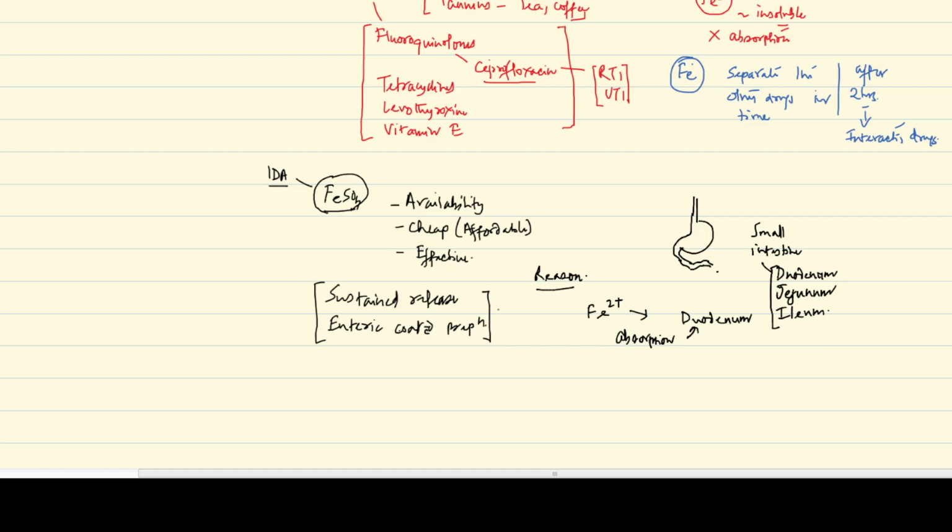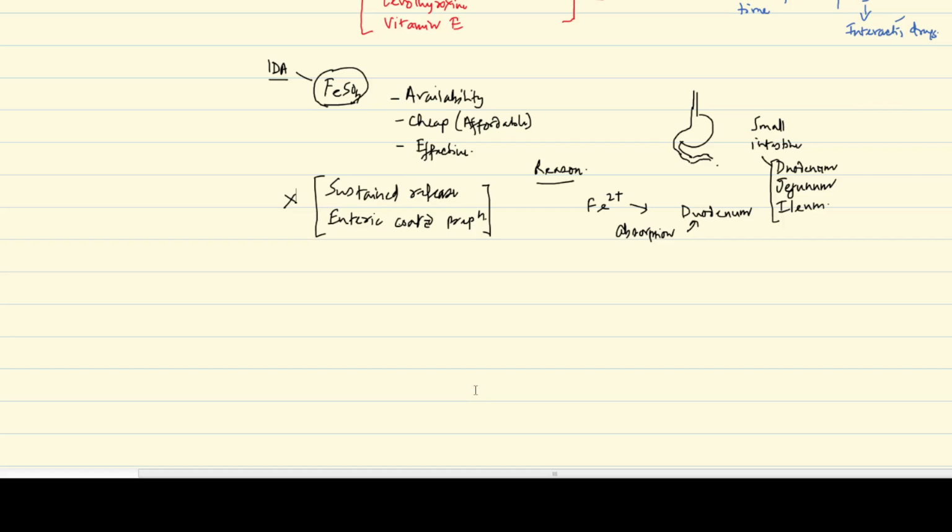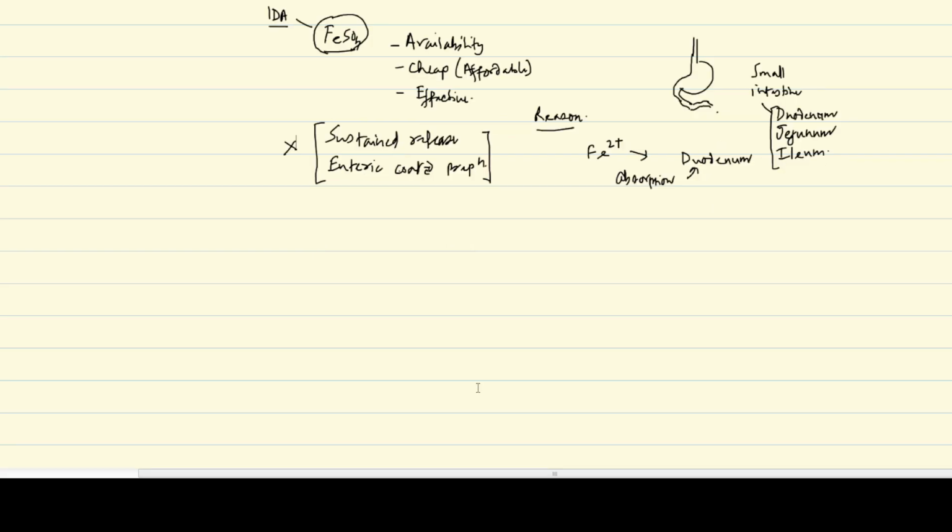So as healthcare providers, we should not be led by the advertisement, but by the science. So not a good idea. At this point, we wouldn't recommend sustained release or enteric coated preparations.